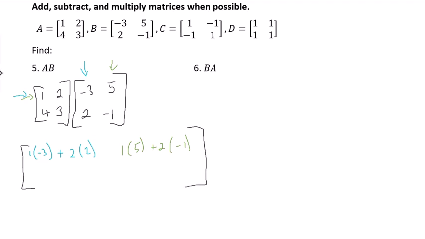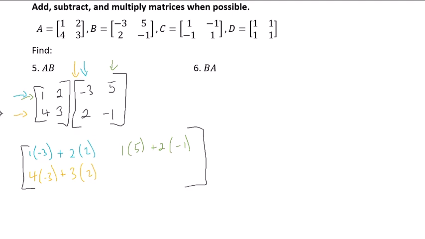All right. And now we're going to look at row 2, column 1. And so that's 4 times -3 plus 3 times 2.